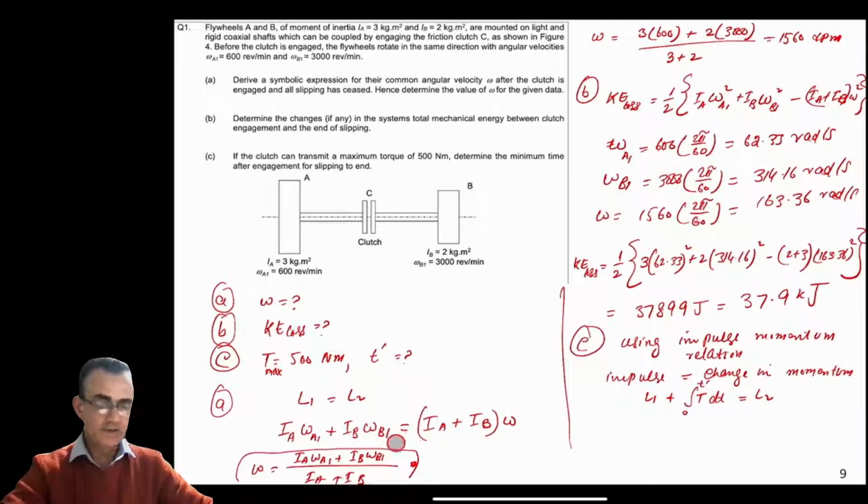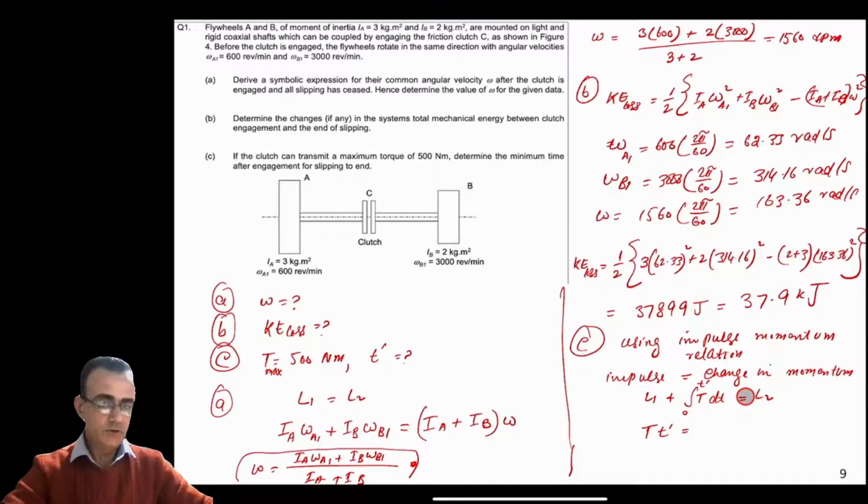So in this case, we have T constant, so this will become just T times T dash, and then L2 minus L1. So L2 here is the final momentum, and obviously you will apply this to one specific wheel here. You can apply this to wheel 1 or wheel 2.